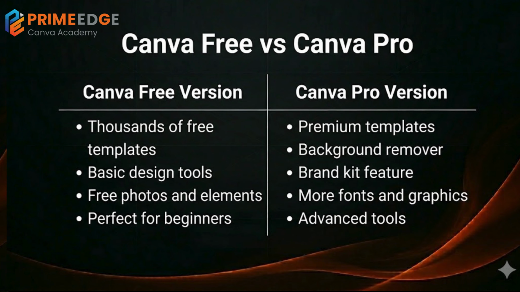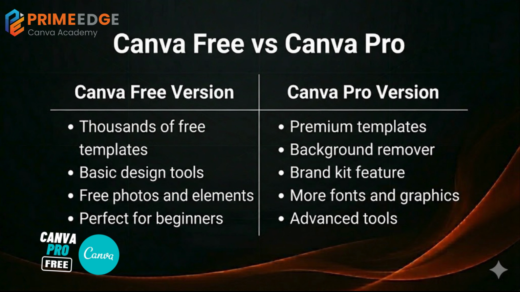Let us now talk about Canva Free versus Canva Pro. The free version of Canva gives you access to thousands of templates, basic design tools, and many free photos and elements. For beginners, the free version is more than enough to start learning and creating quality designs.